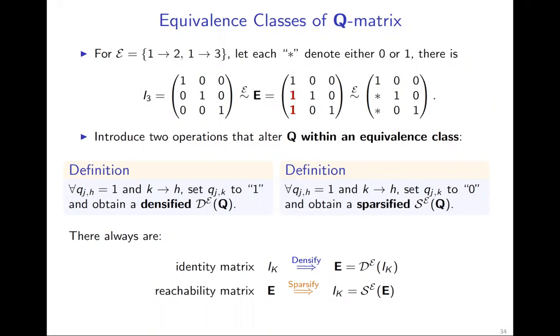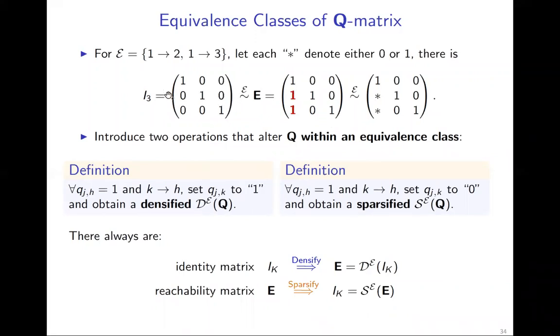And this can also be easily seen from this toy example. So in this toy example, we have that attribute 1 serving as prerequisite for the additional attributes 2 and 3. Then we can see that actually the identity matrix I3 will be equivalent to the reachability matrix. To understand this, let's focus on the second row.